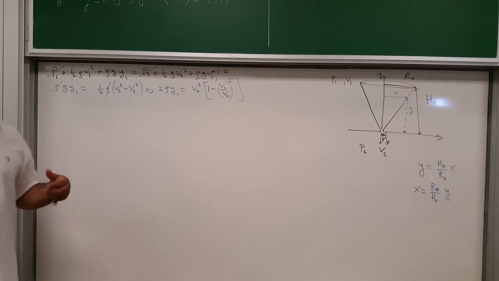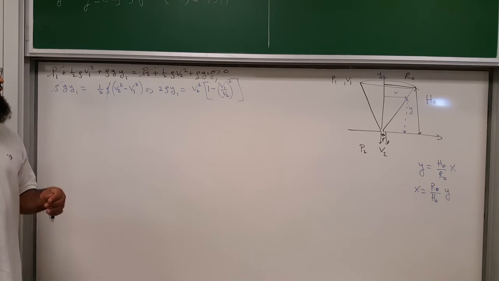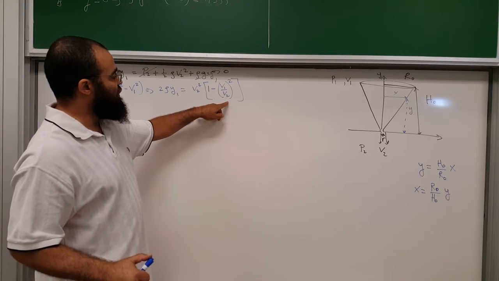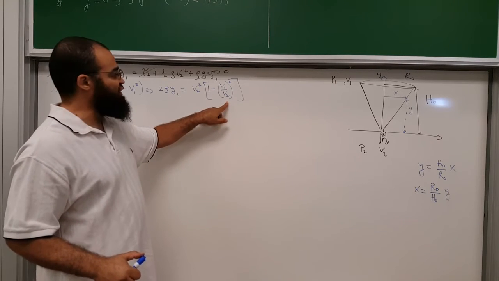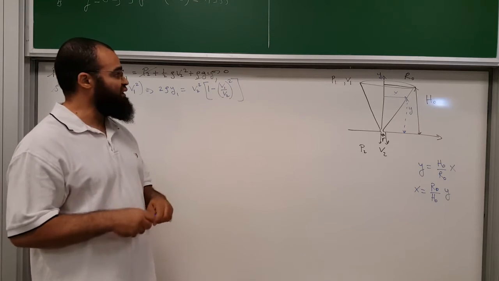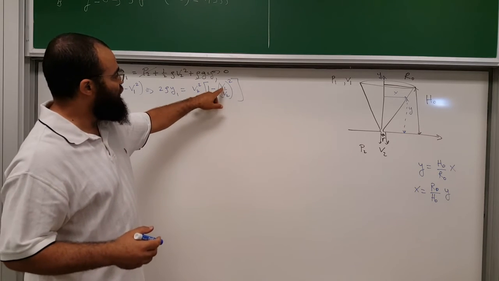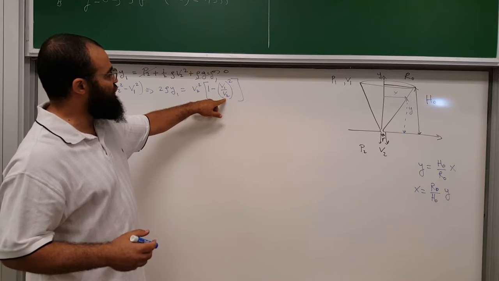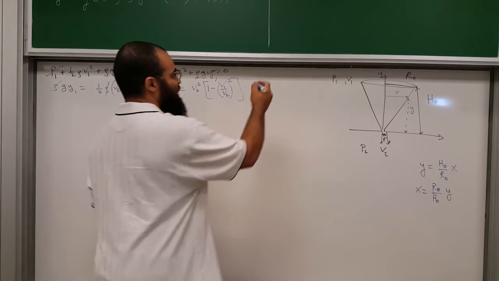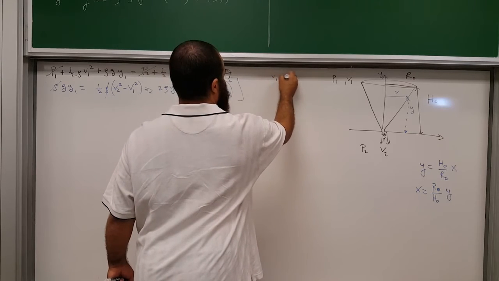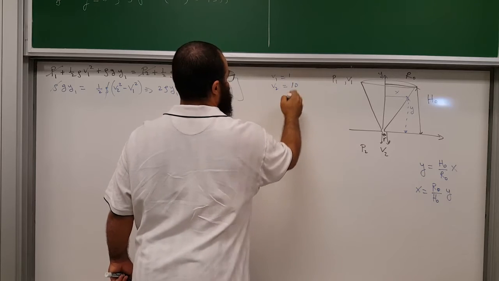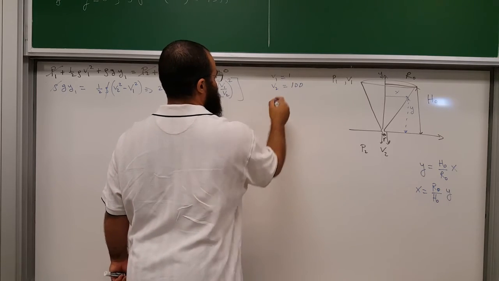Now, V2 is much larger than V1. In particular, V1 over V2 would be much less than 1, and when you square it, it would be even much less. Whenever you see V1 over V2 squared, we're just going to ignore it because it's too small. For example, let's say V1 is equal to 1 and V2 is equal to 100.